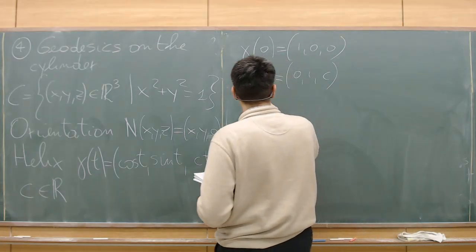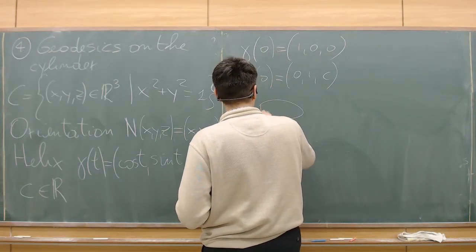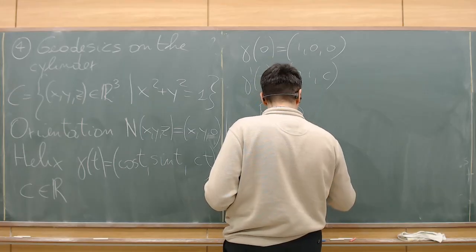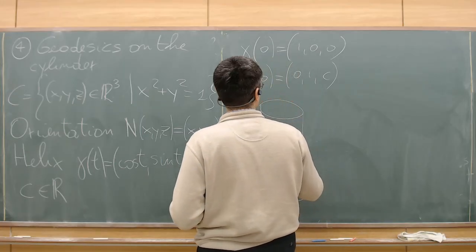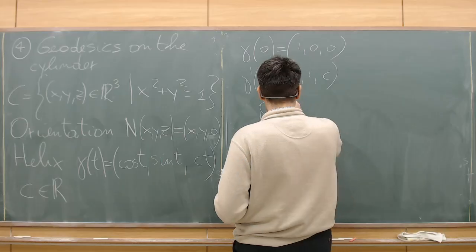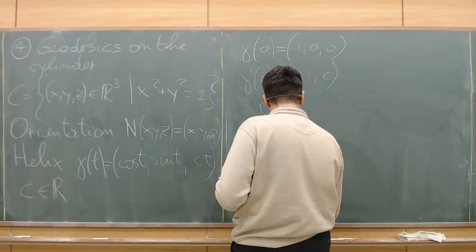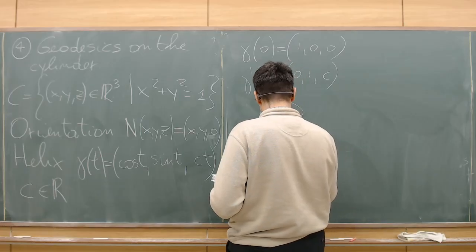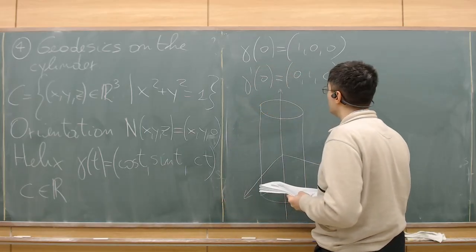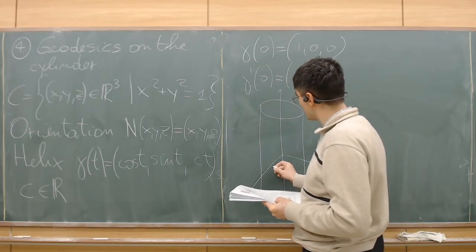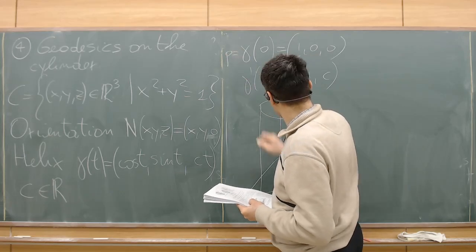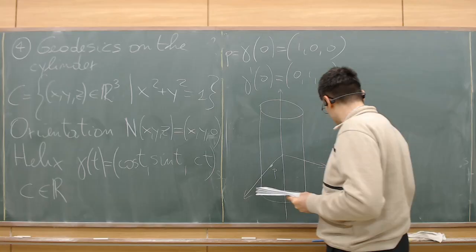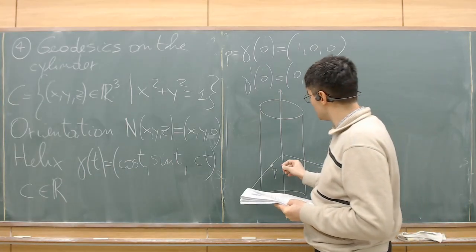So this means that if this is the cylinder, this is the point P, and this is the vector.